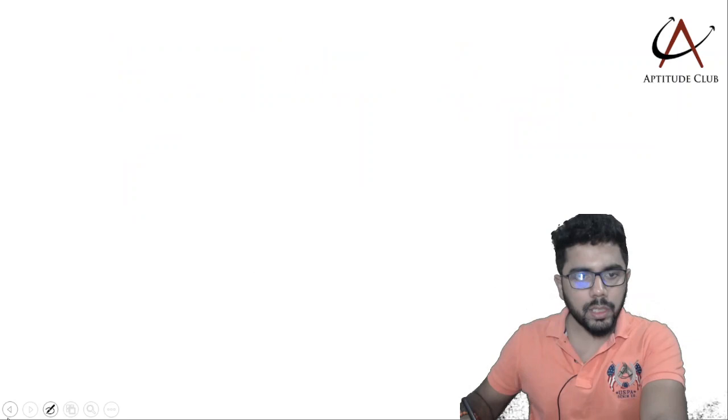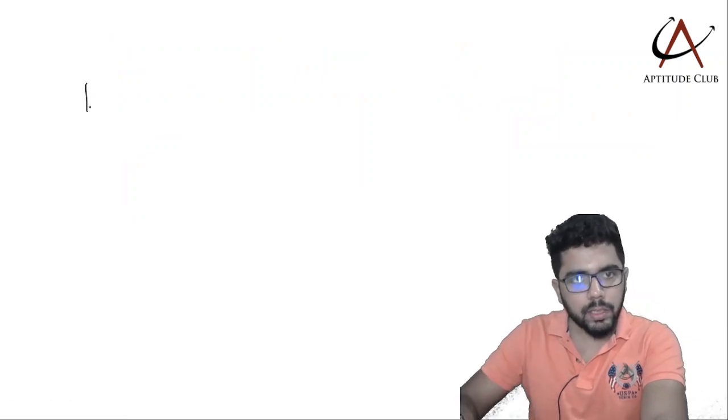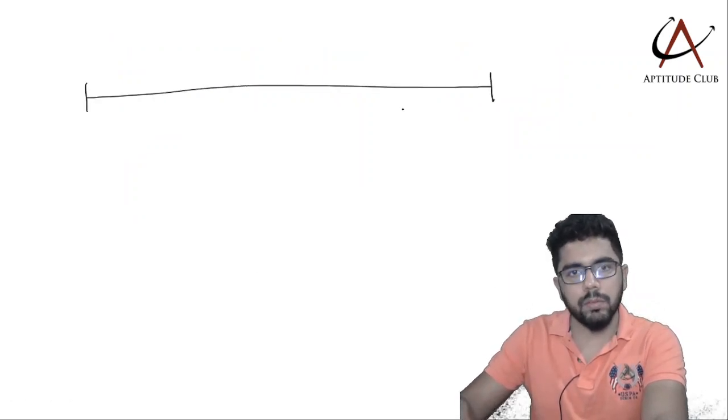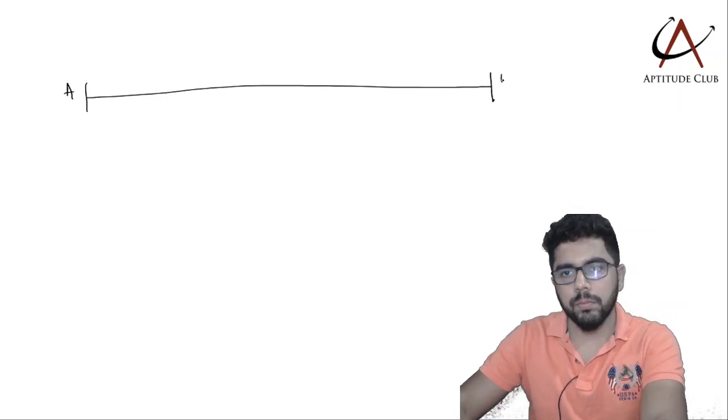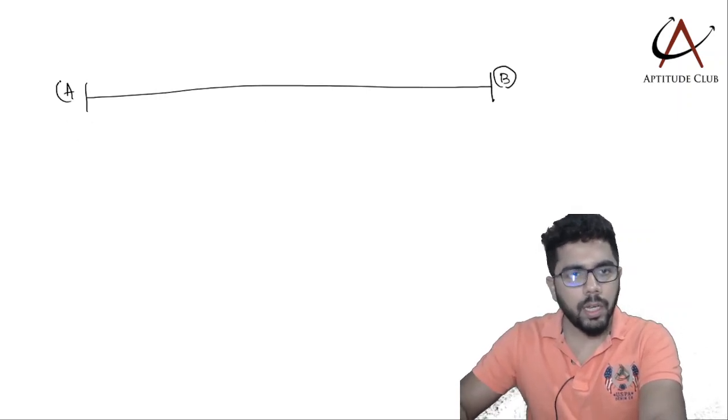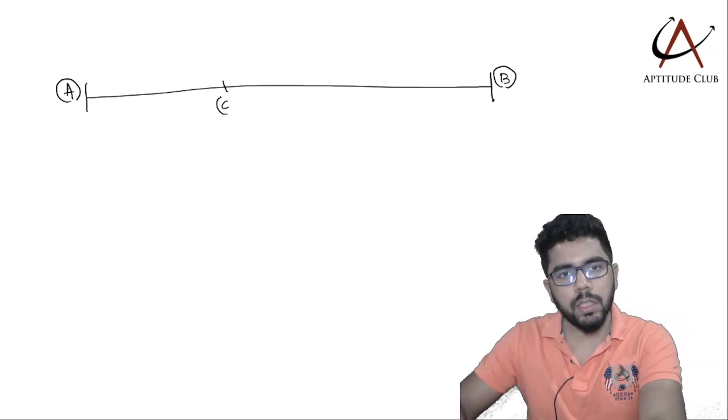Let us say this is my stretch AB, and we have a point here C where Jai was picked, and a point here, D.